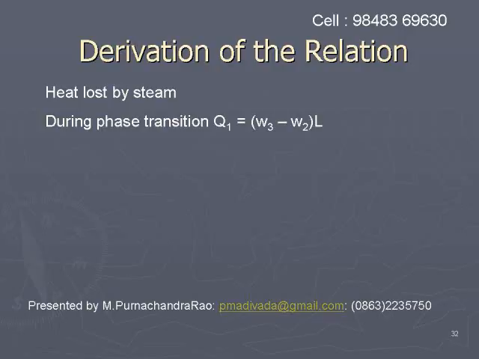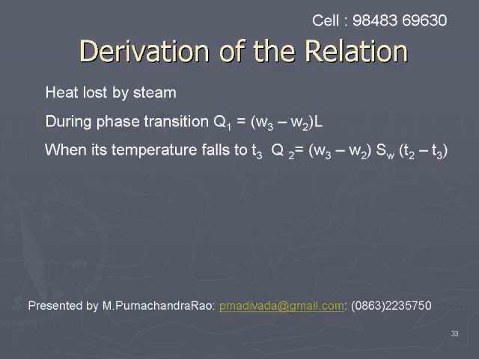The heat lost during phase transition, Q1, is equal to (W3 minus W2) into L, where W3 minus W2 is the mass of steam and L is the latent heat of steam. The heat lost when the temperature falls from T2 to T3 is given by Q2.